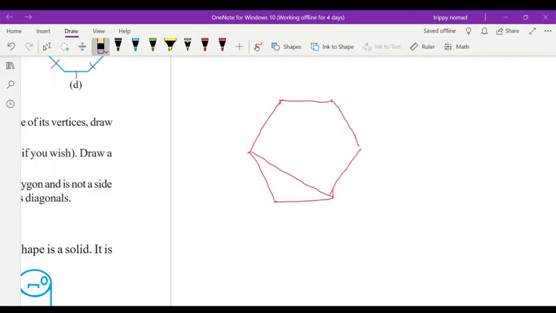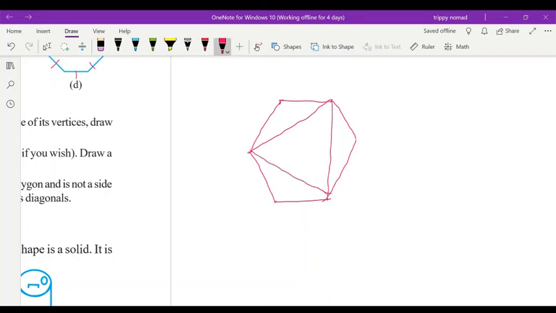If there will be a regular hexagon, then what we have drawn, by leaving one we are going to draw. The question was like that.